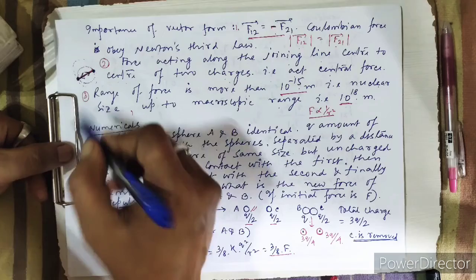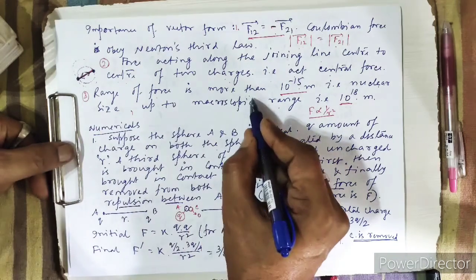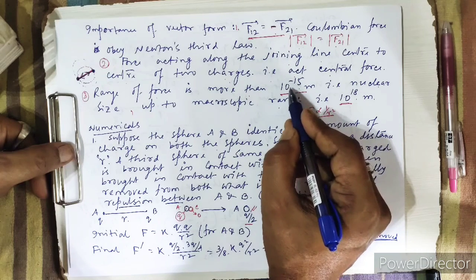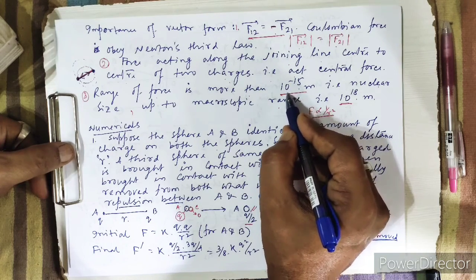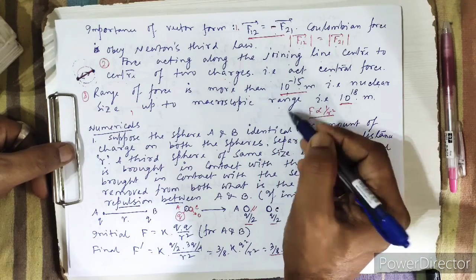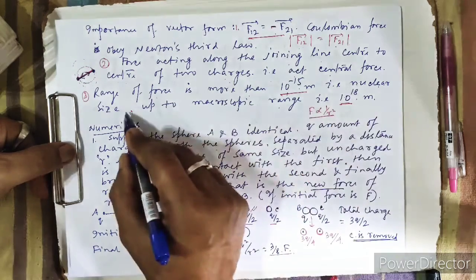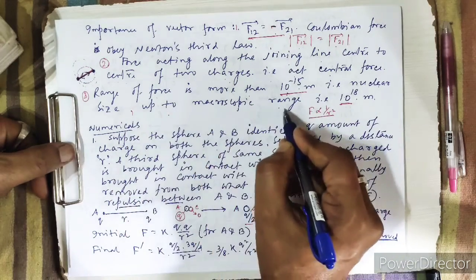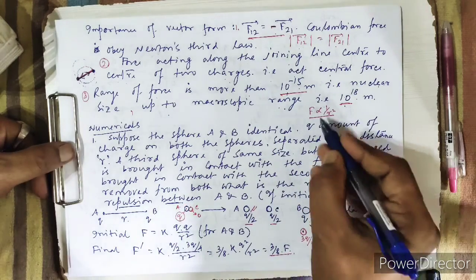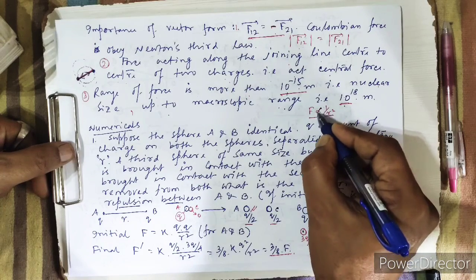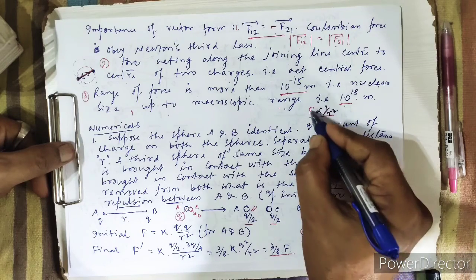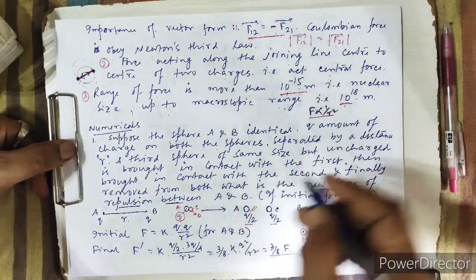And also the range of the force is more than the nuclear size. That means if the distance between two charges is more than 10 to the power minus 15 meter, say 10 to the minus 14 meter, minus 13 meter, that is nuclear size, up to the macroscopic range, that is 10 to the power 18 meter, the force is inversely proportional to R squared, that is F varies as 1 by R square.